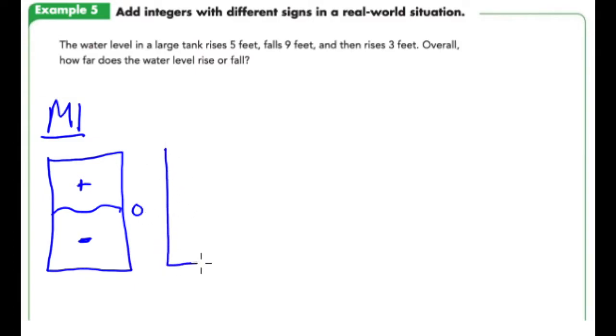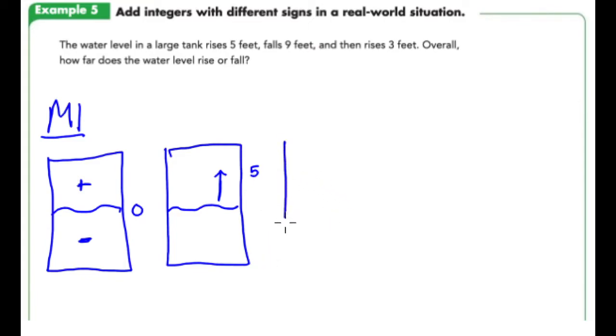So the first thing that happens from our starting point is the water level goes up 5 feet. So if we go up 5 feet, that means that we would be 5 feet above where we started. Now we'll keep our 0 there.